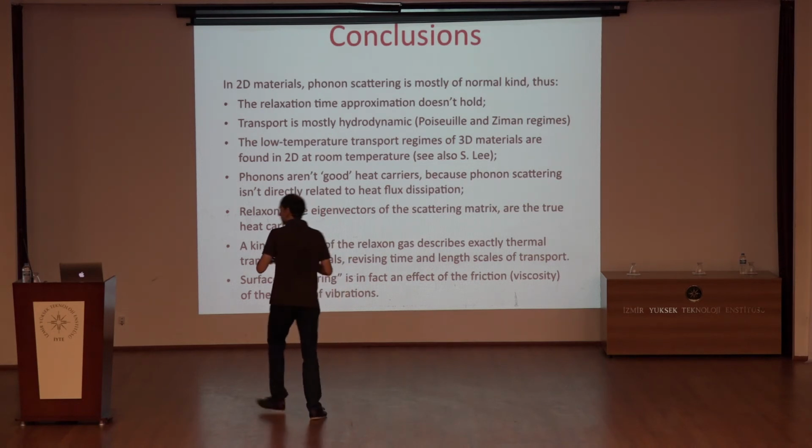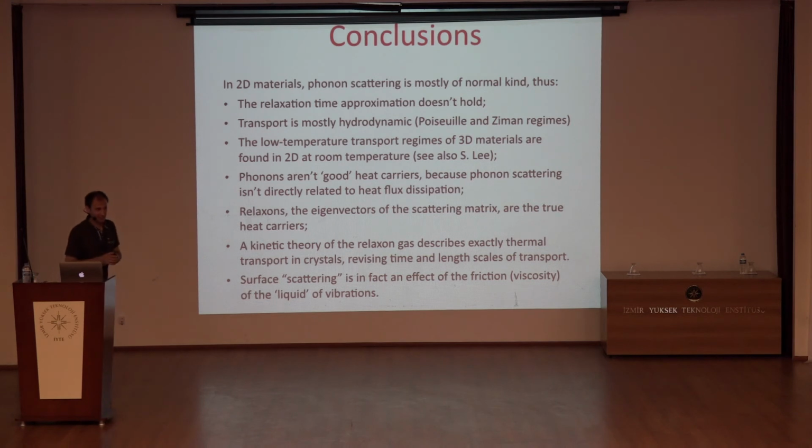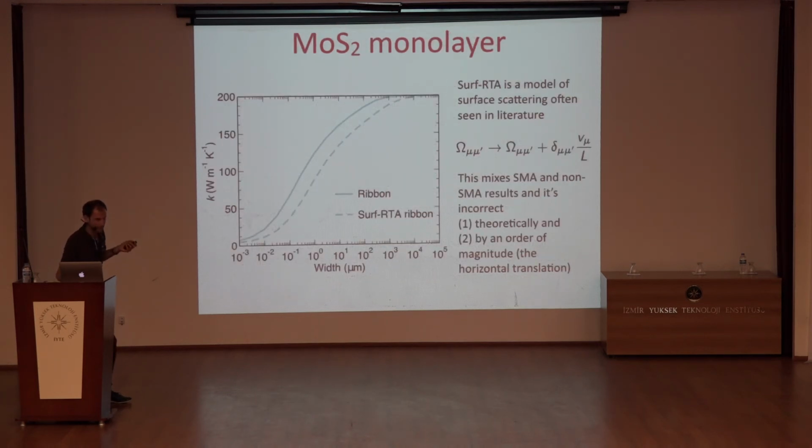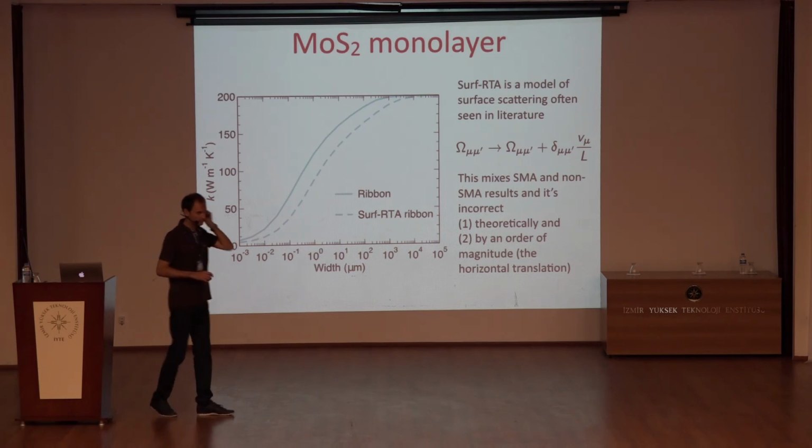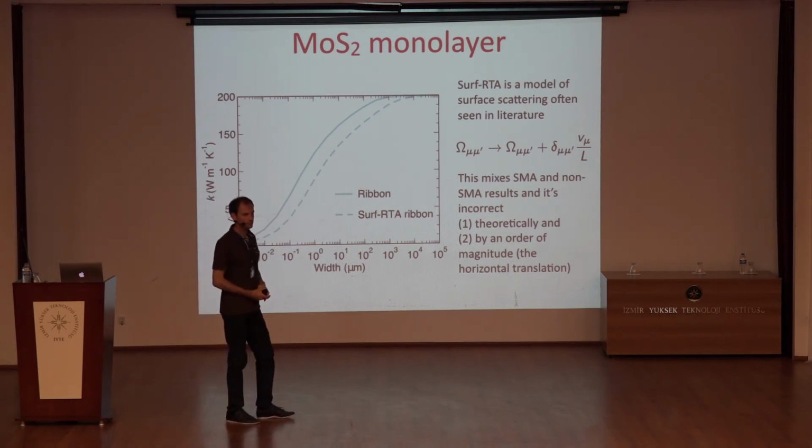Previously people just assumed the homogeneous boundary scattering, as you mentioned, and that boundary scattering rate is simply v over L, which is the lower limit of the boundary scattering rate. Because depending on the position of phonons, the distance between the phonon location and the boundary can be much smaller than L, right?